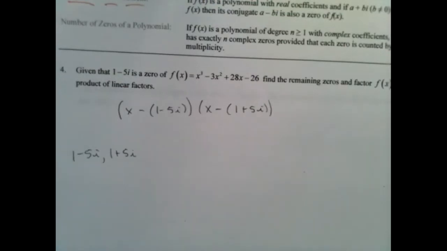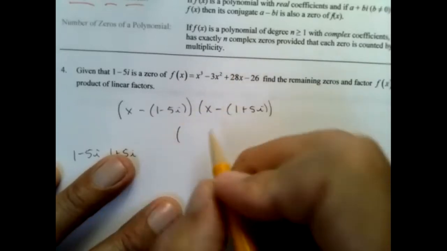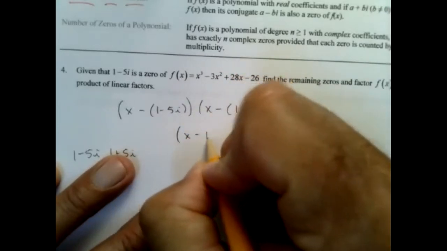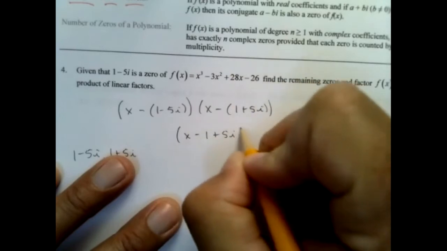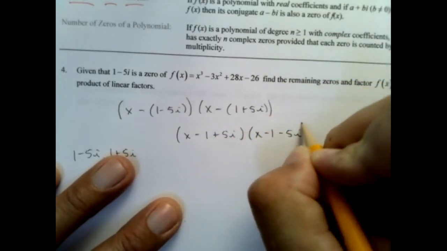So we probably should multiply these together. You should do it in pencil, sir, because you keep screwing up today. I know. First thing I'm going to do is distribute these negative signs. x minus 1 plus 5i, x minus 1 minus 5i.